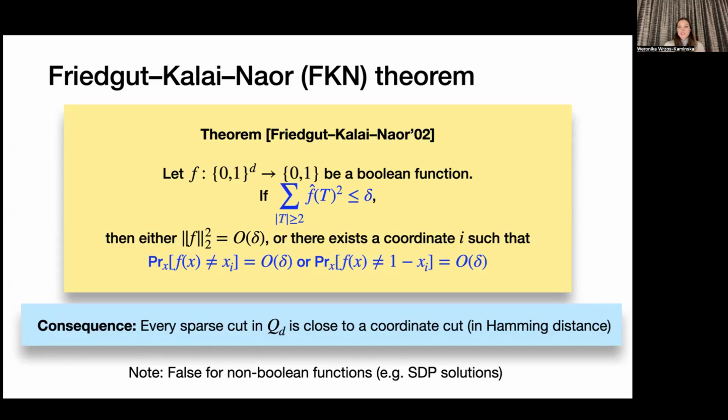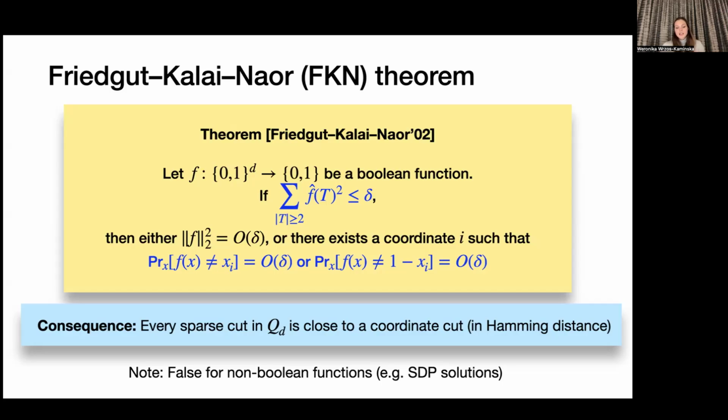And note that the theorem of Friedgut, Kalai, and Naor is highly non-trivial. If we remove the assumption that the function is Boolean and instead consider any real-valued function on the hypercube, then the theorem statement would have been false. So in particular, the theorem does not apply to SDP solutions.